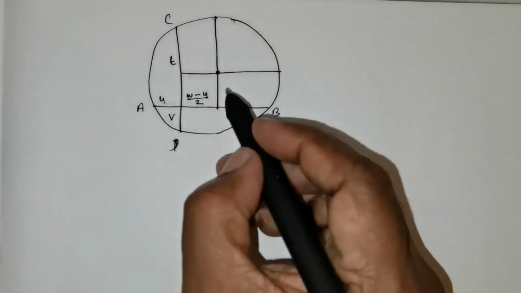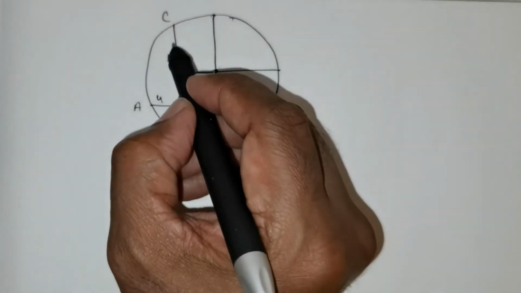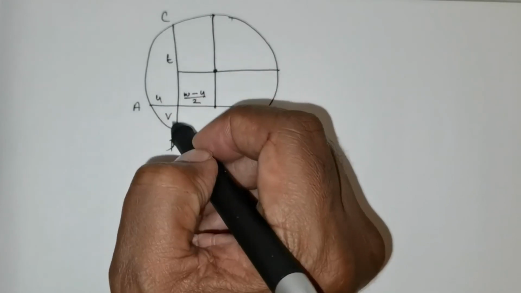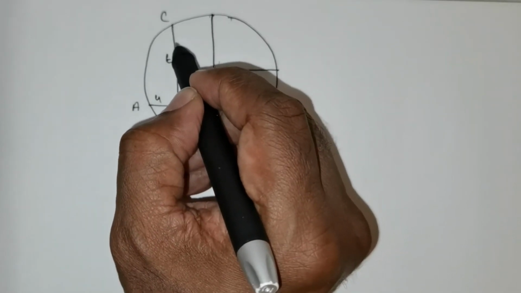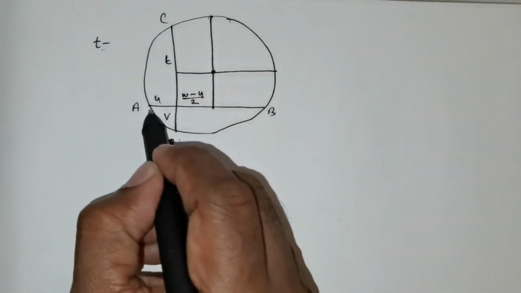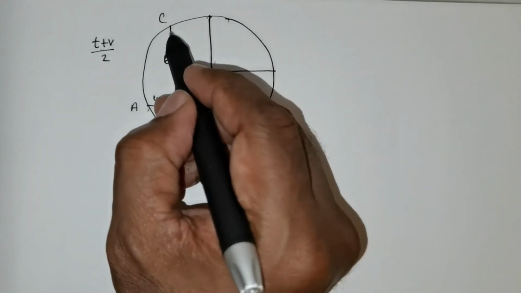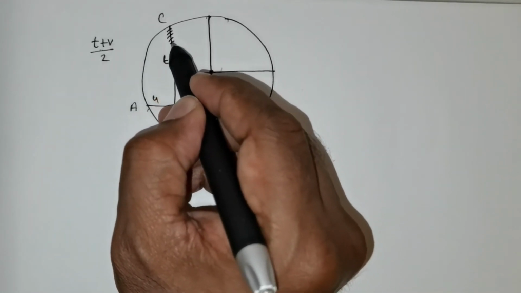So we have this distance, which is w minus u over 2. So this entire distance is t. So this is going to be, I'm writing it down here, t plus this distance, v over 2. So that would be this distance.